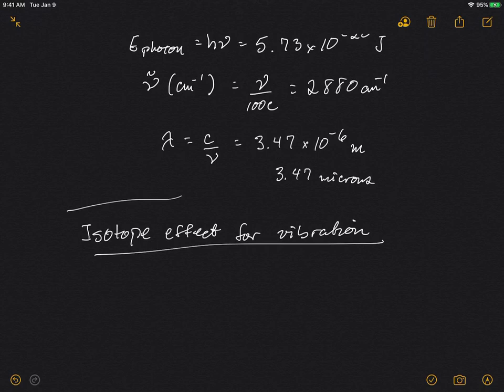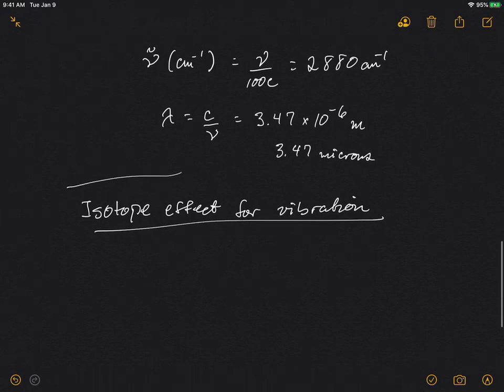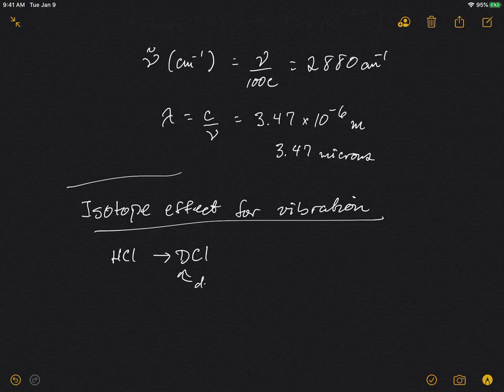And then this question is, what happens when we go from, there are a couple of different isotope effects we could look at here for vibration. We could look at HCl going to DCl, where we replaced hydrogen with deuterium. And deuterium is just hydrogen with an extra neutron.